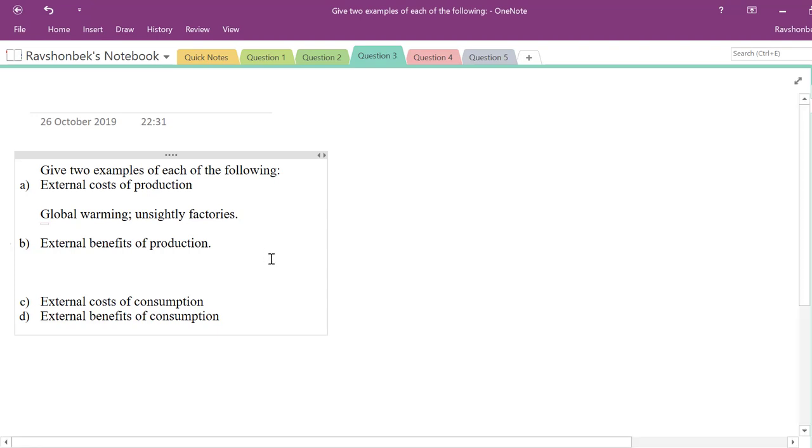Now, external benefits of production include, in the process of production, companies usually conduct research and development, developing new technologies, and once they produce the new technology, these ideas become much more common eventually, and become cheaper as well.